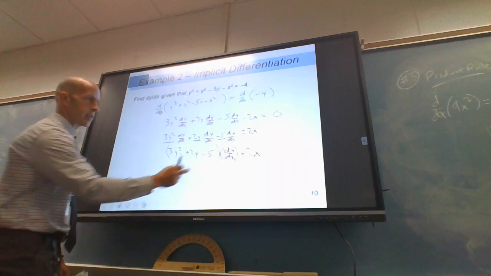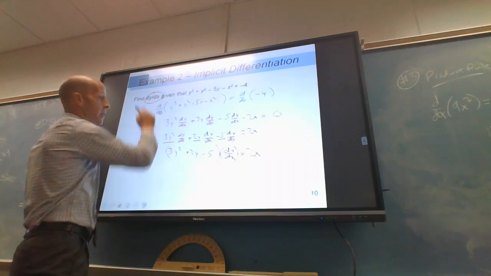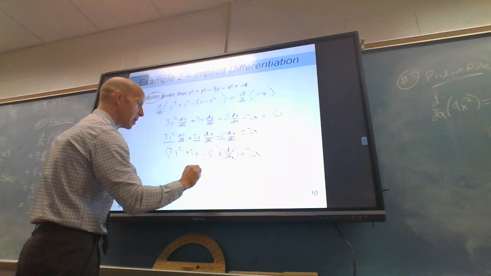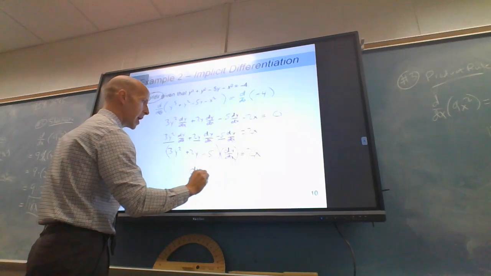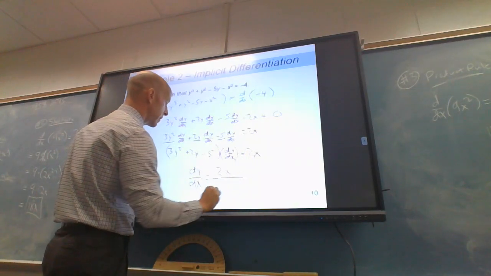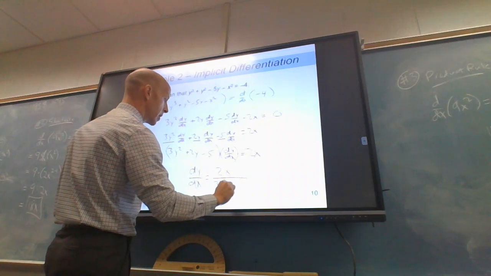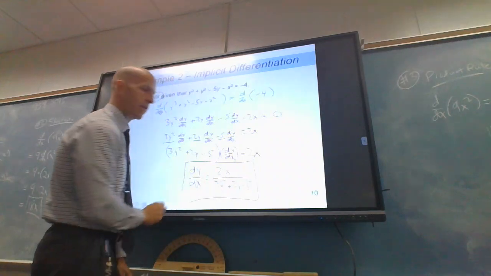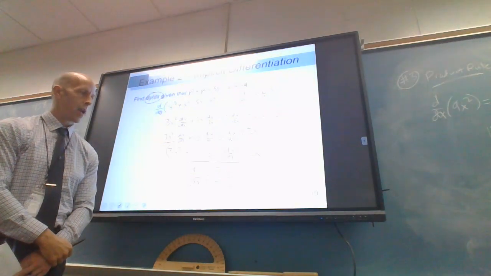Last but not least, we're trying to find dy over dx, so all I have to do is divide by everything in the parentheses. So dy over dx is equal to 2x divided by 3y squared plus 2y minus 5. This is the derivative of this implicitly written equation.